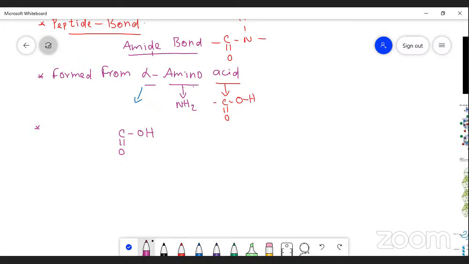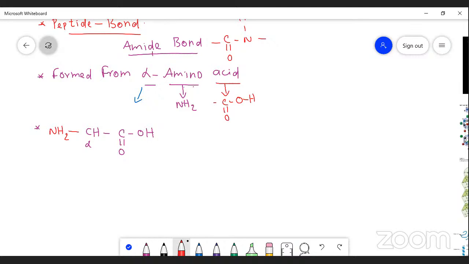Then next to that acid group there is CH, the alpha carbon, and in that alpha carbon the NH2 group is present. So an alpha carbon containing an NH2 group is known as an alpha amino acid.